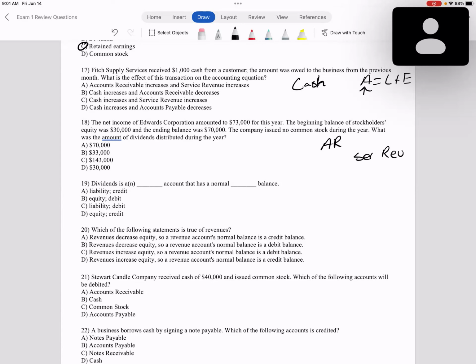Well, now they don't owe us anymore, and because they're paying us cash, our accounts receivable is going down, which is an asset account. So our assets are going up, but our assets are also going down. So accounts receivable increases, no. Cash increases, yes. Accounts receivable decreases, so B is the correct answer.